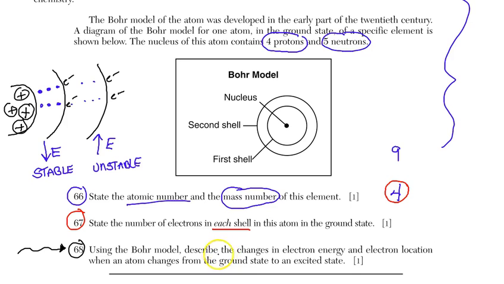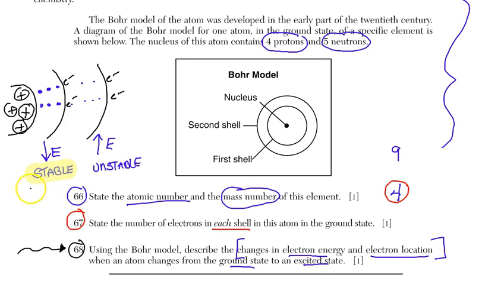But back to the question, describe the change in electron energy and electron location. They are screaming at you on how they want you to answer the question. When we go from the ground state to the excited state, well, which side is the ground state? The ground state is the stable state. You're grounded. You have low energy. The bird isn't flying.